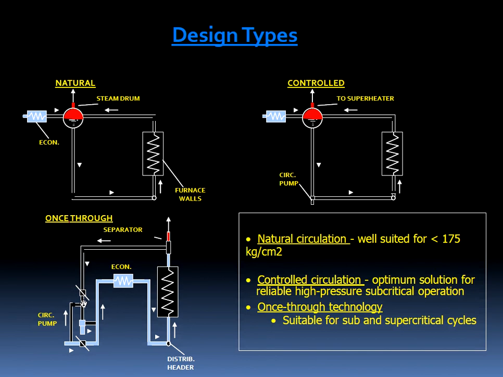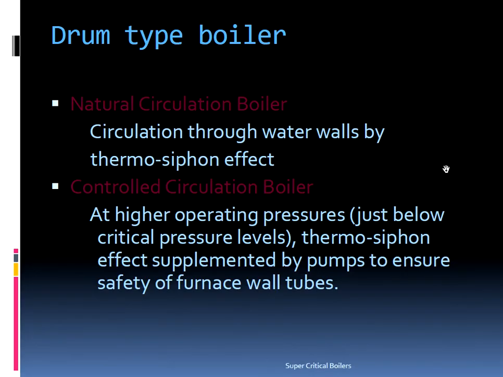The water is taken, recirculated, and goes through the economizer. There is a separator which allows only the steam to go out. But in a once through boiler, this is a drum type boiler, or it's a natural circulation boiler.